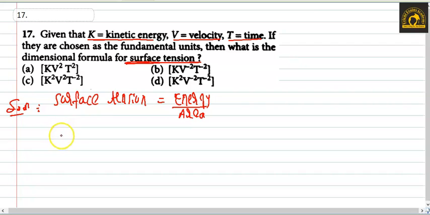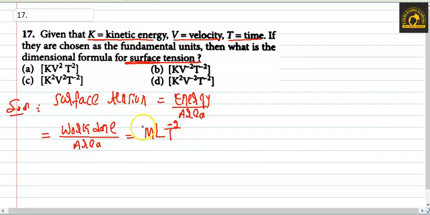Energy means the work done. The work done dimensional formula: work done is force into displacement, mass into acceleration, into displacement L, divided by area, which is L square.